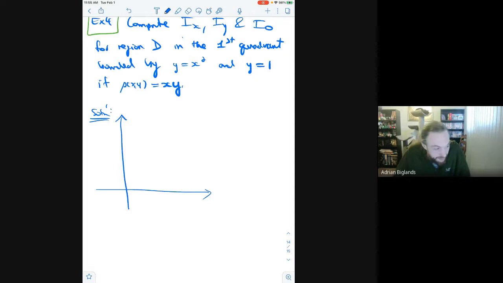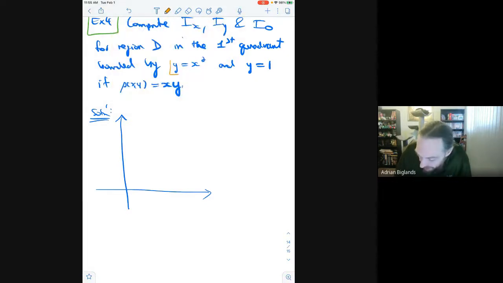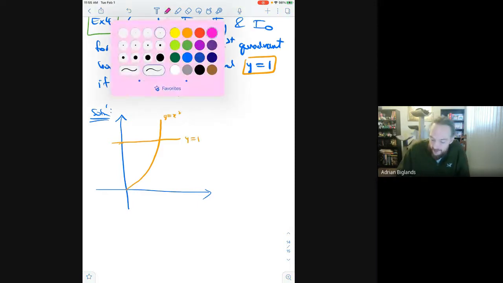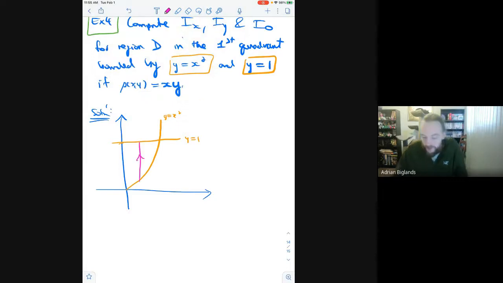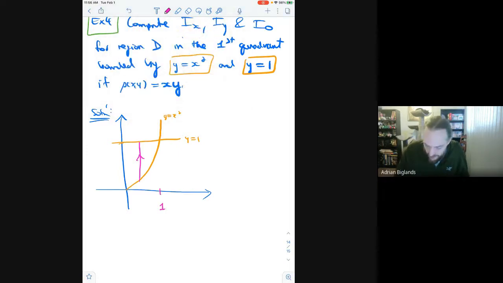All right. So when I draw this, it said bounded by the parabola y equals x squared and y equals 1. And we want to go from here to here in y, and x is going to go from 0 to 1.